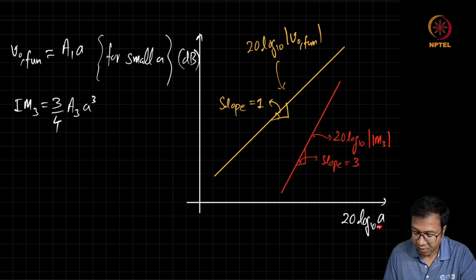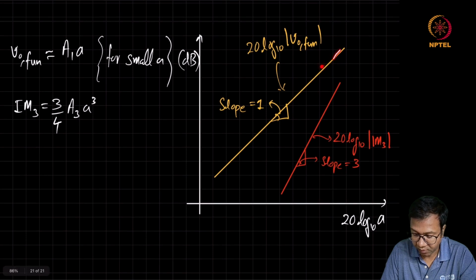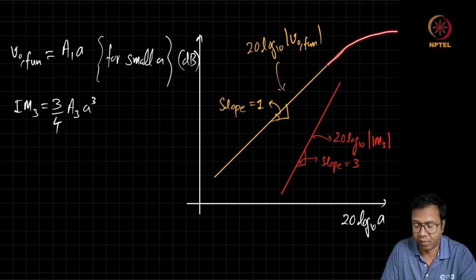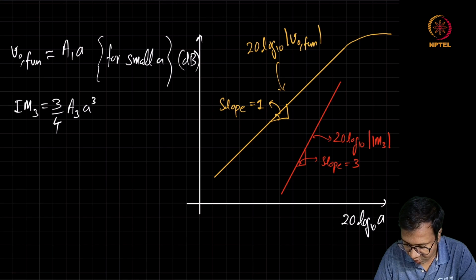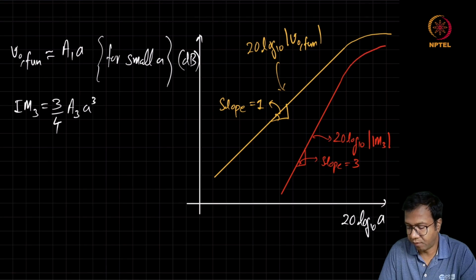But as the input amplitude becomes very strong, in reality, other nonlinearity terms also will come into the picture. And we know that the fundamental strength will also taper out. In addition to that, the IM3 component strength will also taper out. This is the kind of typical trend we are going to see.